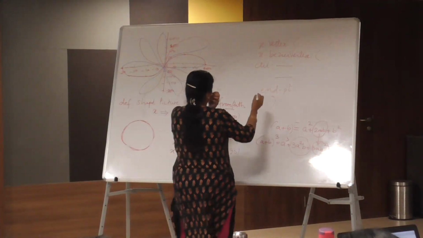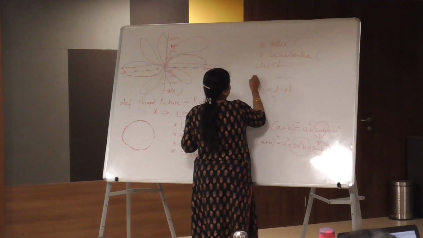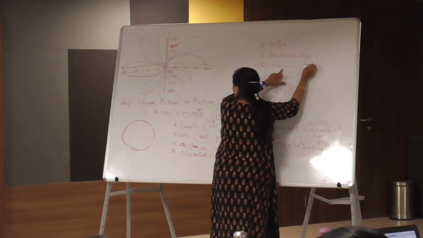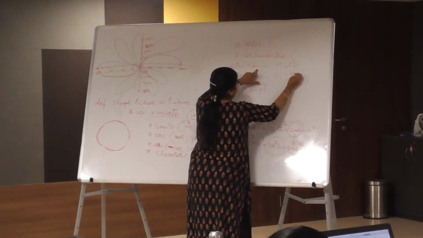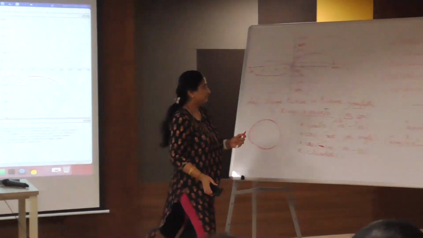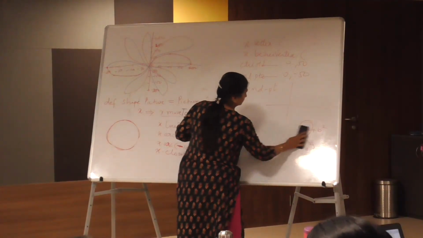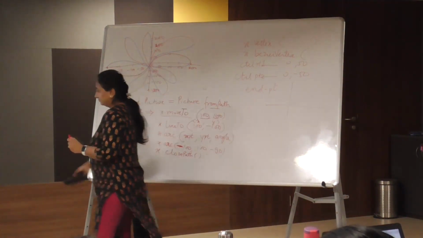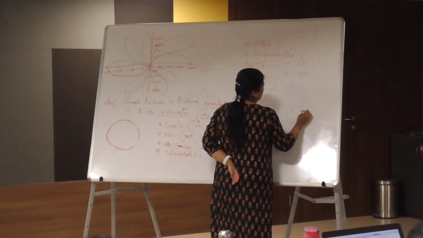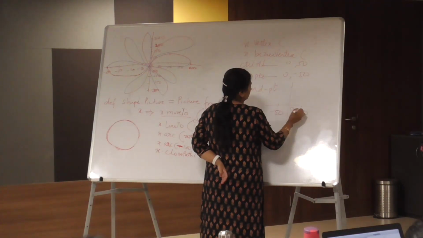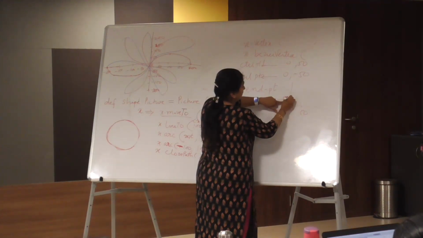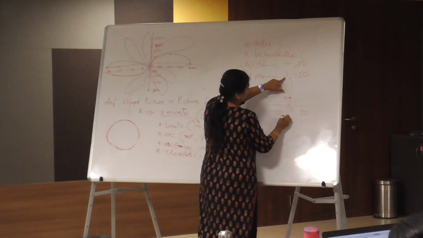Control point 1, control point 2: 0 comma 50, 0 comma minus 50. Okay, now see. So when I say 0 comma 50, the first point is here. 0 comma minus 50, the second point is here.